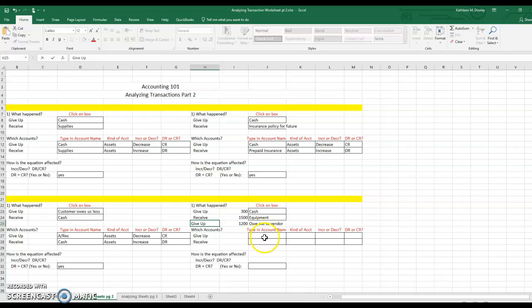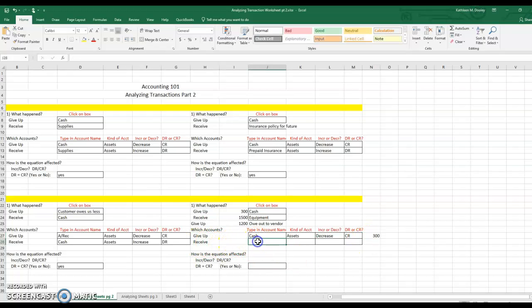Now we go into which accounts. One of the gives up is the cash. We're going to use the cash account, which we know is an asset. We paid it out, so we have less cash. A decrease in an asset is a credit. That was $300.